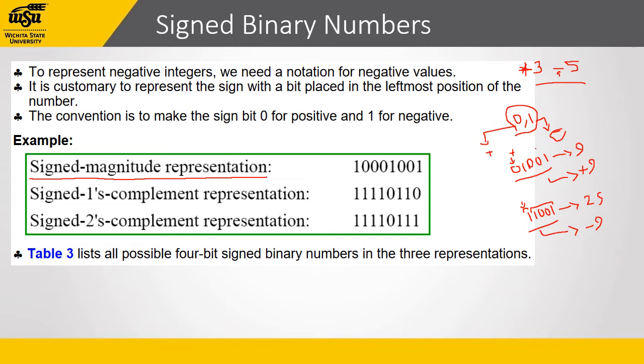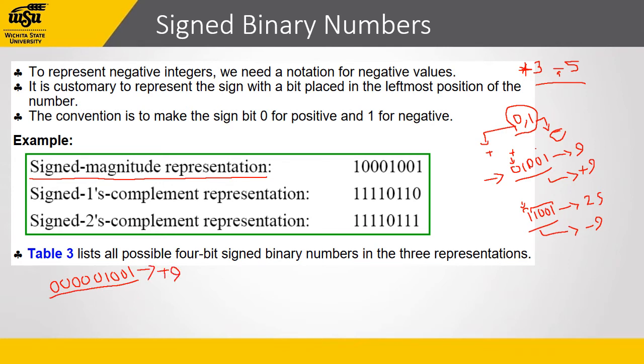The other approach is signed complement number, which represents the positive of a number the same way that we show in sign magnitude, but shows the negated number by taking its complement. If we look at this example here, assuming that the number is 9, when we are showing 9 in 8 bits, signed complement assumes that this represents positive 9.